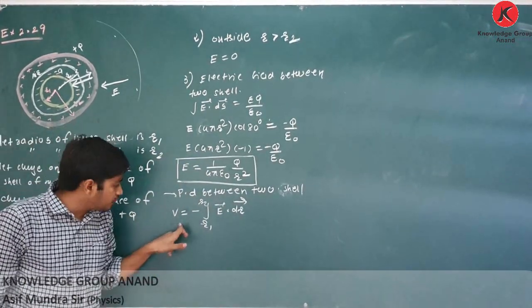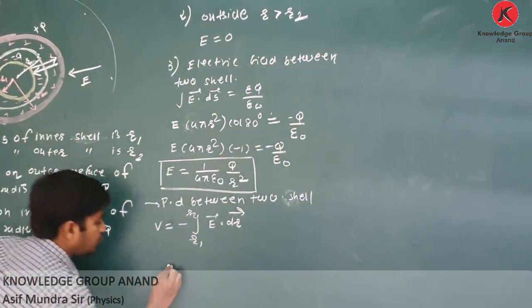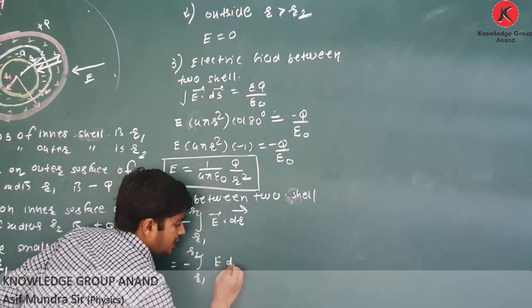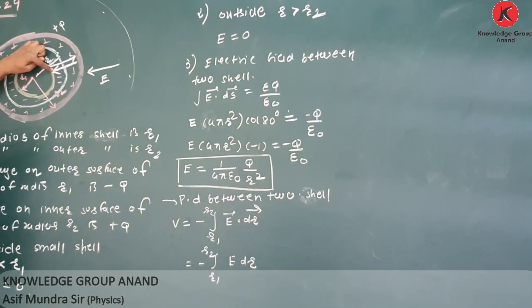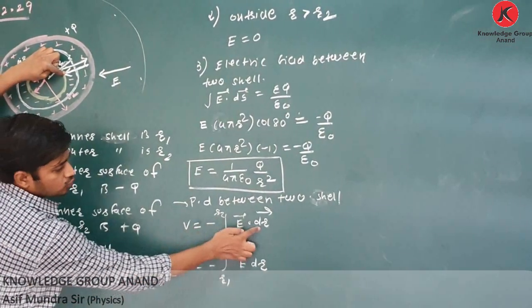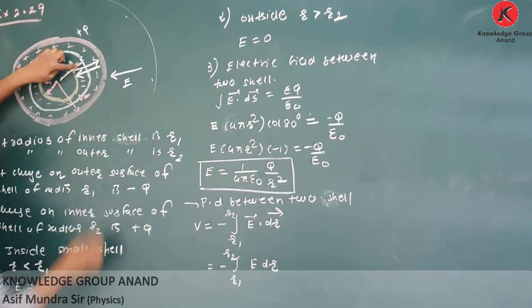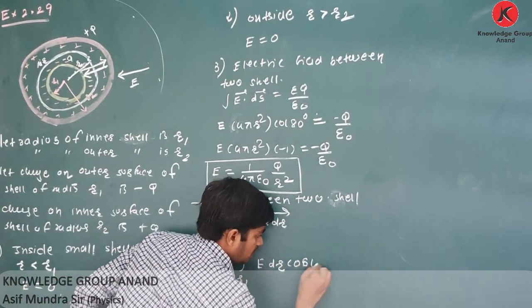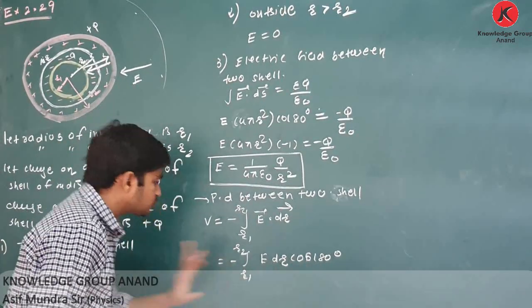Now it is minus integration R1 to R2 E dr. What is angle between E and dr? See carefully here. Electric field is from positive side to negative side in this direction, and R1 to R2 dr means we bring unit positive charge from R1 to R2, in this direction. So E and dr are in opposite direction. So angle is 180, cos 180 is minus 1, so minus will become positive.